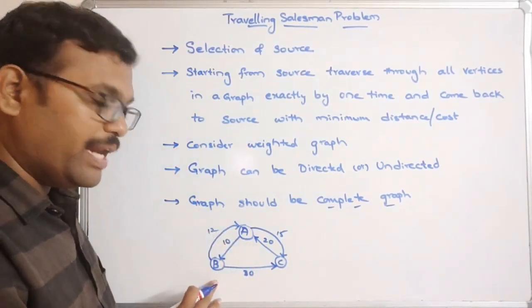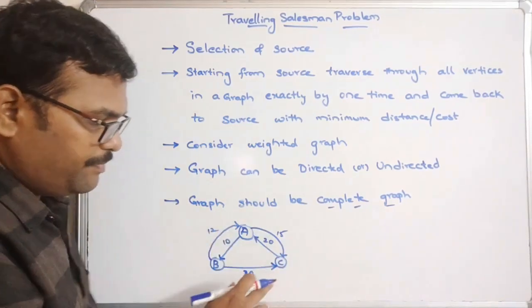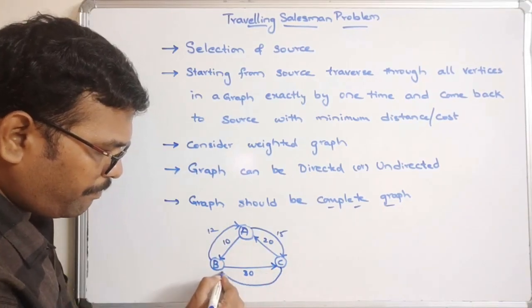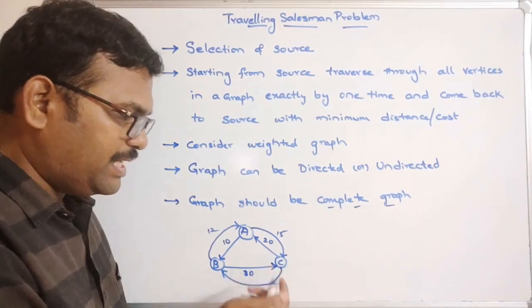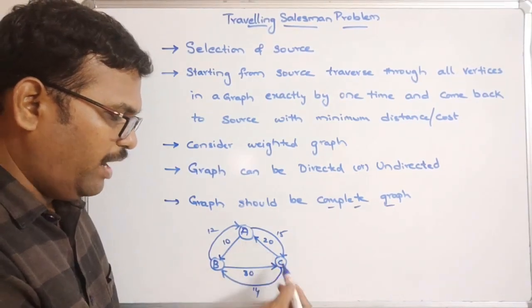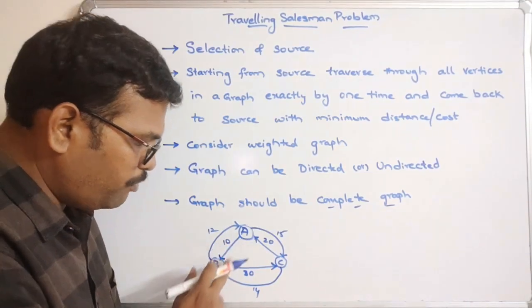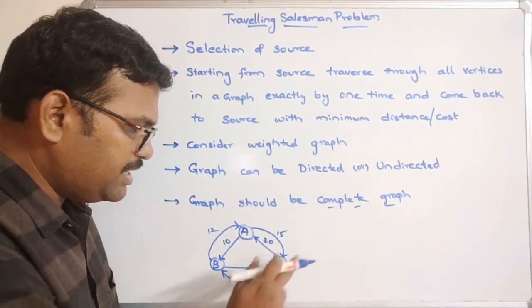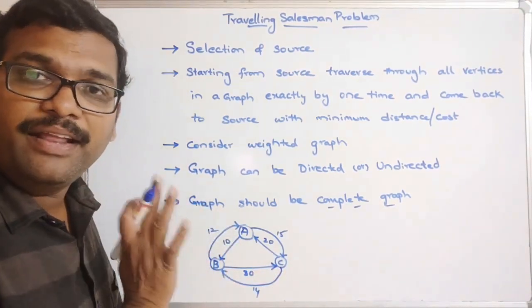So B also has edges towards A and C. C has only for A, so C also has an edge to A and B. So A has edges to B and C. B has edges to A and C. C has edges to B and A. So this is the complete graph.